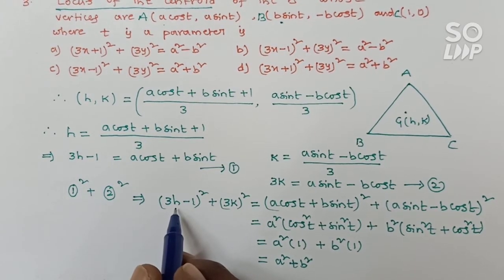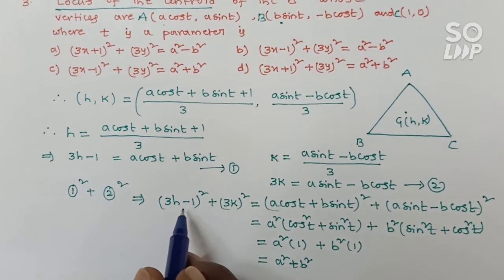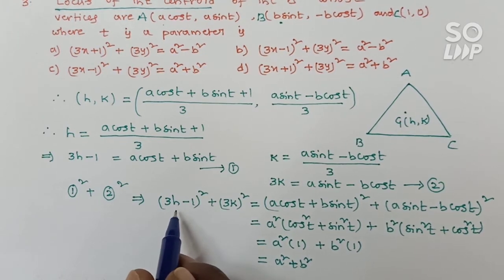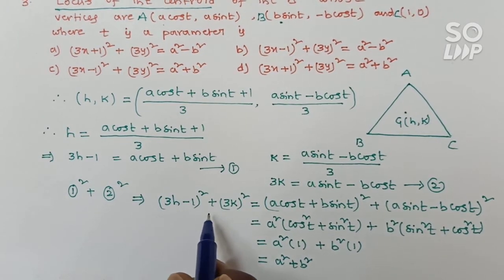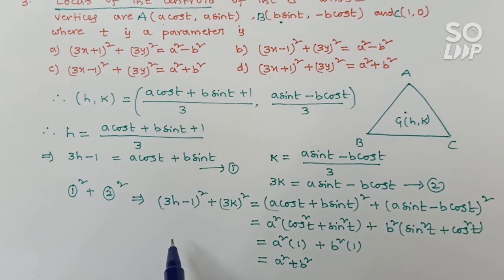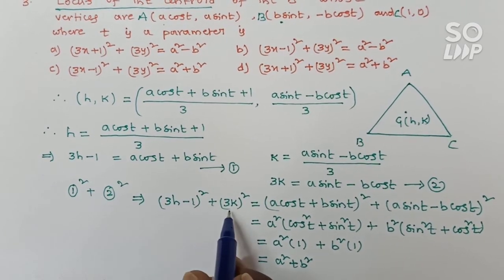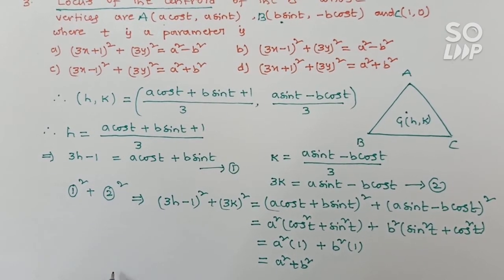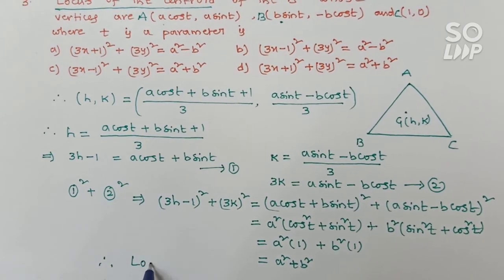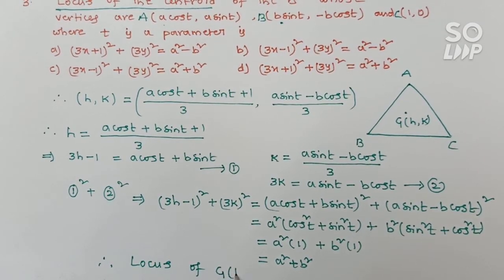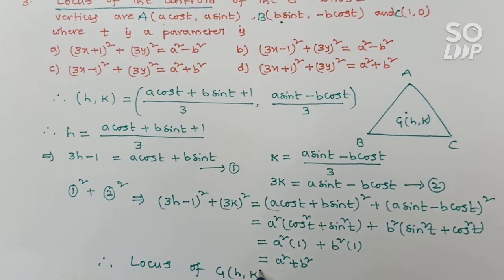Now what is meant by h comma k? It is the centroid of the triangle. Actually we need to find the locus of the centroid. So already we know how to write that. Therefore, locus of G is equal to h comma k. G means centroid.